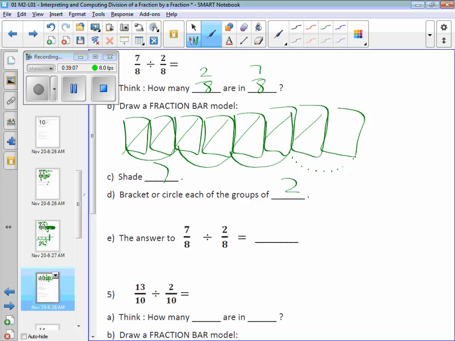All right, let's see. I have 1. I have 2. I have 3. And out of my last group of 2, I have 1 shaded. 3 1/2. 3 1/8 is a common mistake. It's not leftover boxes. How many are shaded out of that last group?